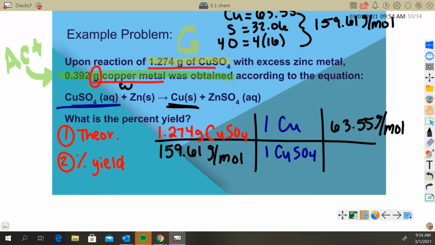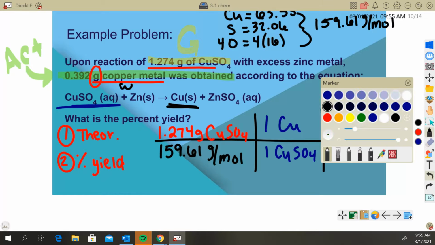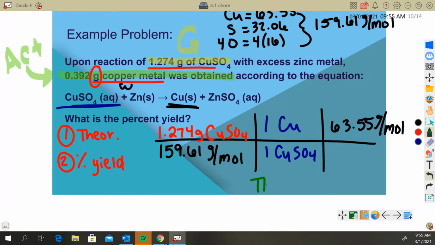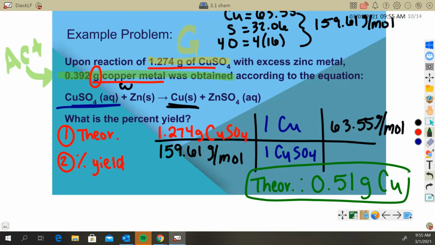We're going to take 1.274 and multiply that times 63.55, and we're going to divide it by 159.61. Our theoretical yield, or our calculated amount, gives us 0.51 grams of copper. That's how much we should have made in a perfect world.